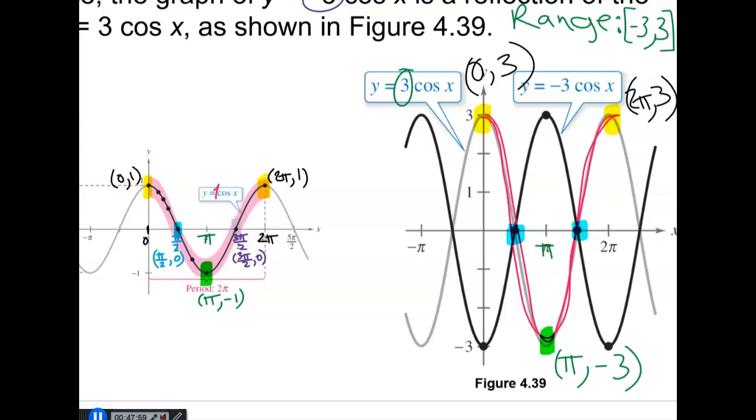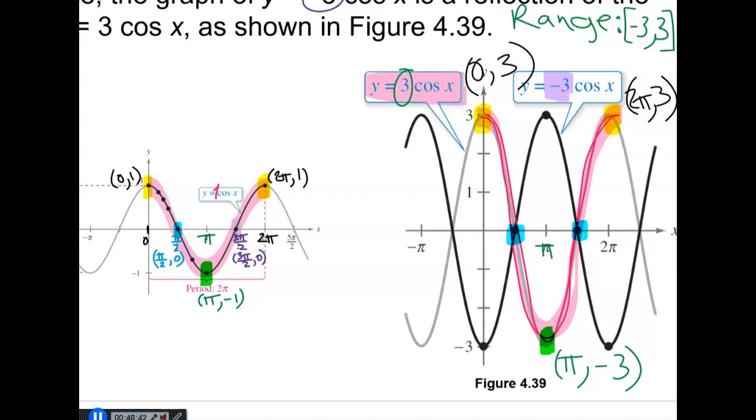What I'm about to trace with the highlighter in pink is that graph again. Now, what we're trying to graph is a reflection across the x-axis. So the difference is going to be this little negative here. What we're going to do is reflect every point across the x-axis, meaning that the y-coordinate will change from positive to negative or from negative to positive.